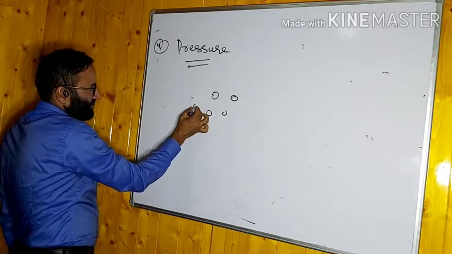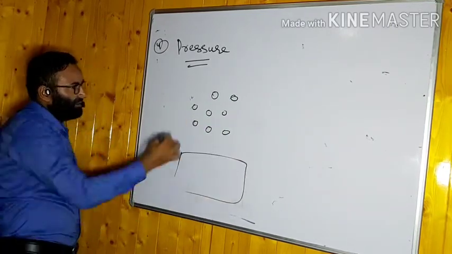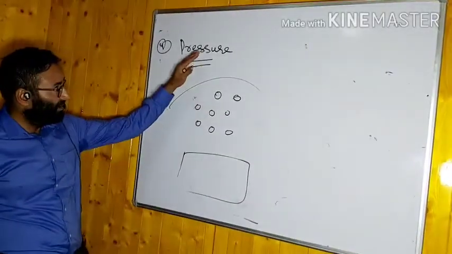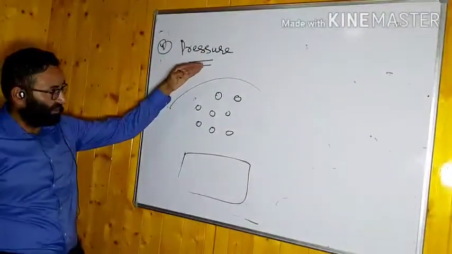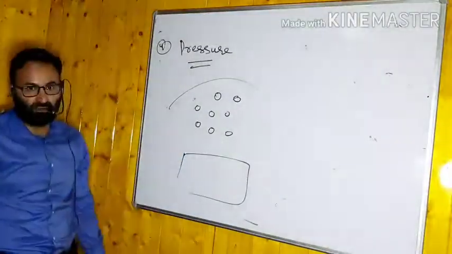If you have gas molecules, we want their adsorption. What should the pressure be? Pressure should be high. In general, greater the pressure, greater will be the adsorption. Because when we apply pressure, gas molecules approach each other and they will undergo adsorption.